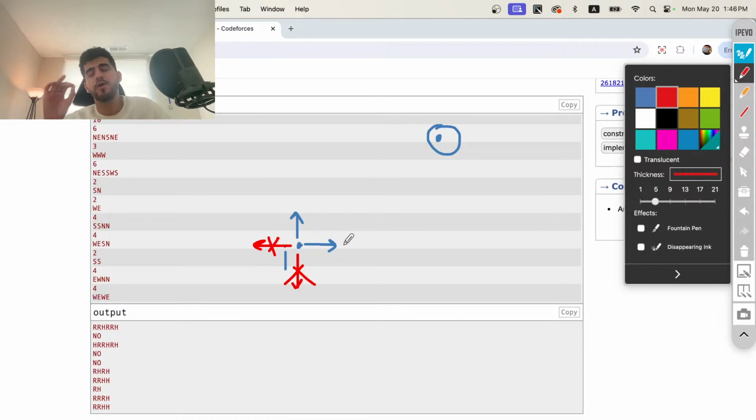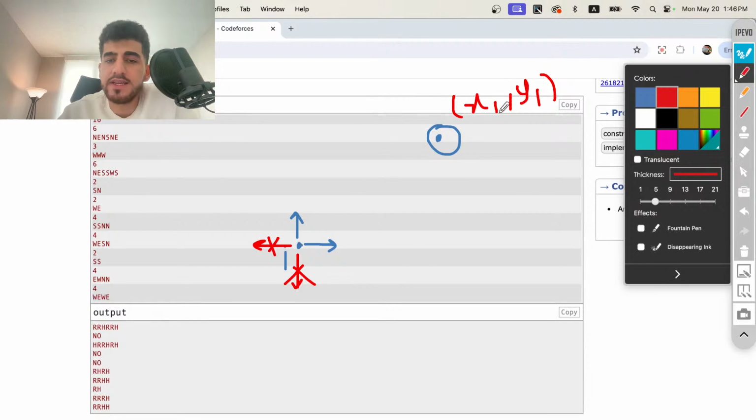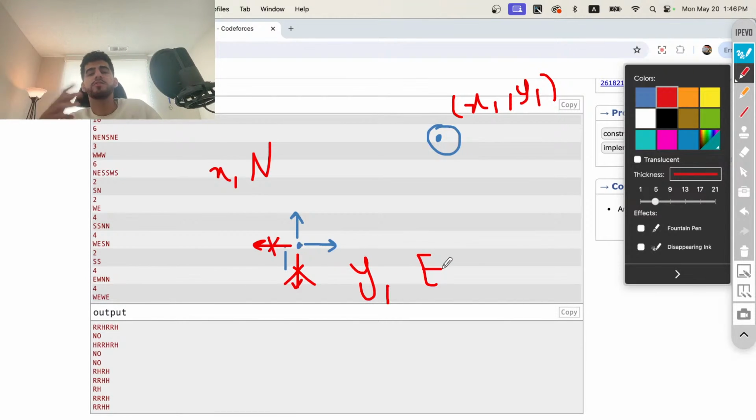And this way, if we only take those moves, for example, if the destination is at point x1 and y1, then in this case it is in the northeast. So we have x1 north moves and y1 east moves. And we definitely have them because we know that capital X is 2 times x1 and capital Y is equal to 2 times y1.